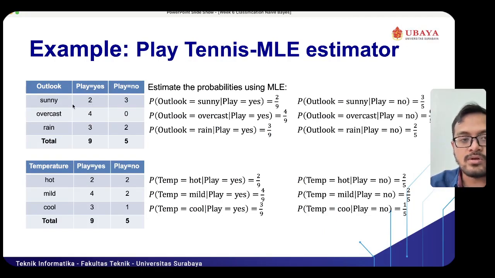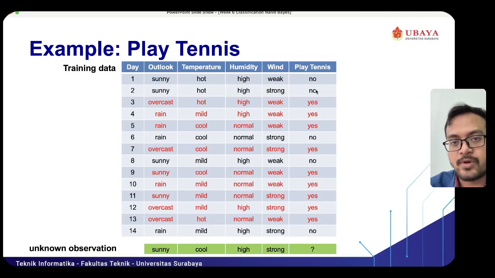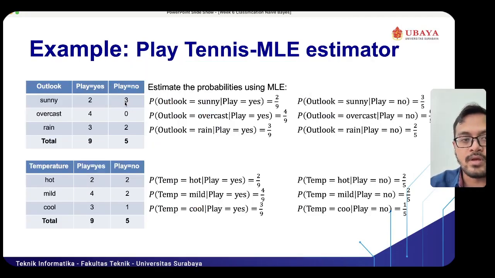And we also find the sunny conditions that are not playing tennis: 1, 2, and 3. We have 3 conditions where the outlook equals sunny and it is not playing tennis. And we also calculate for overcast and rain.